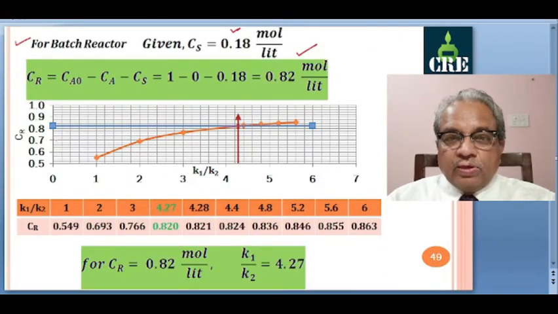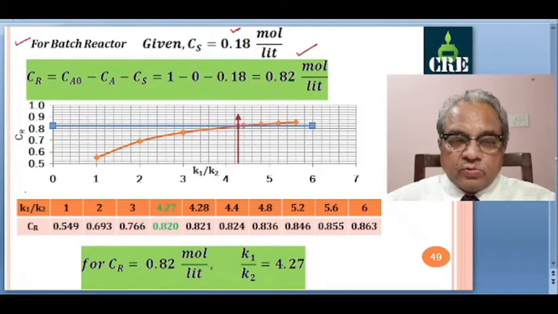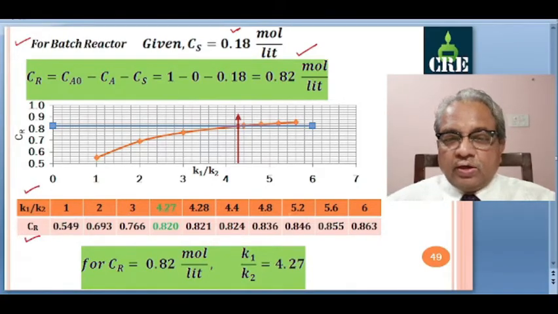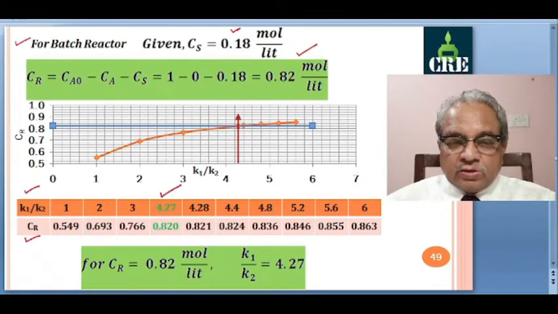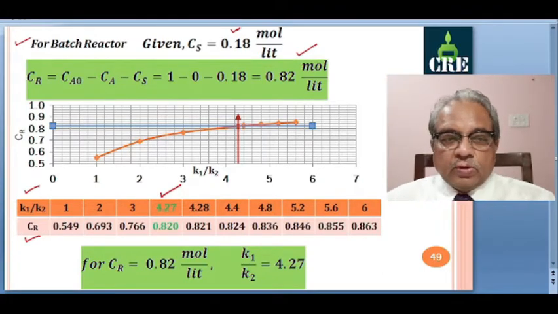We will use that for the batch reactor. You can go for trial and error, K1 by K2 as 1, 2, 3 and so on. In between we have found that 0.82 is reached at K1 by K2 equal to 4.27.